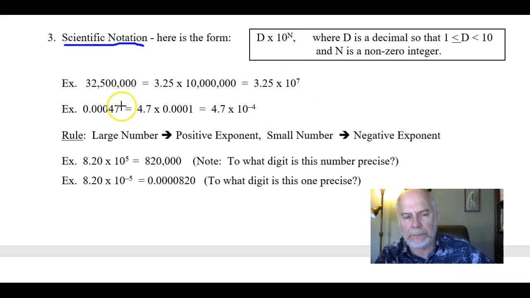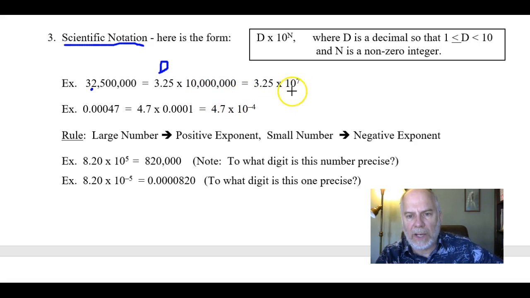All right, but don't forget the 10 in there. It's necessary. So here is an example, 32,500,000. You ask yourself, first of all, where would I place the decimal point to make this number a number between 1 and 10? You'd place it here after the 3. So that's what I did over here. So this is my decimal number, and then times a million, or I'm sorry, 10 million.